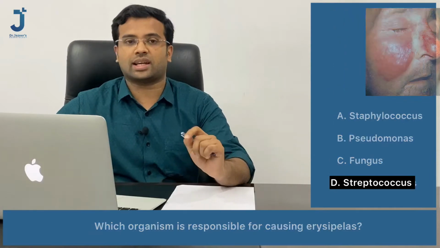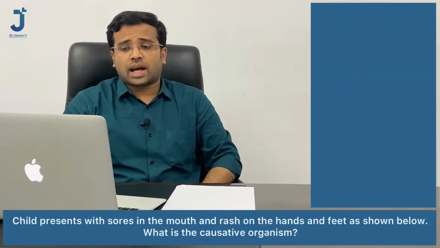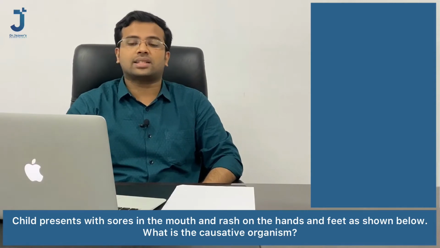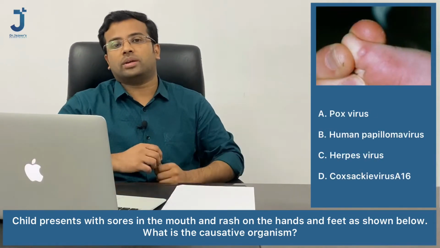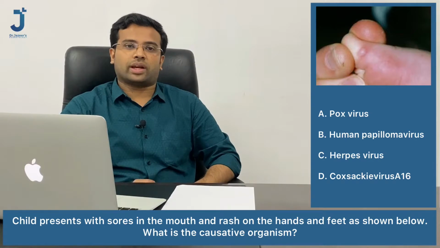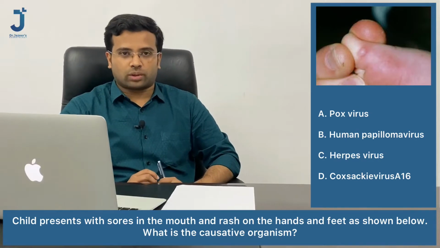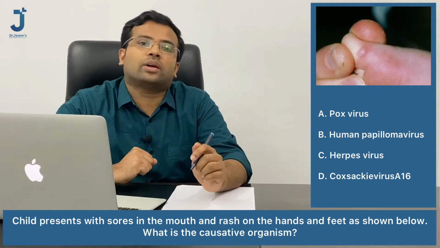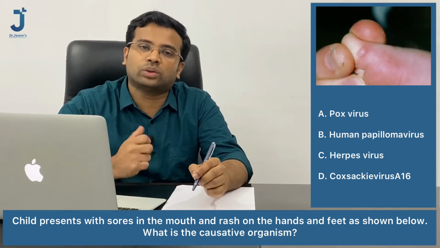So now let's see the next question. A child presents with sores in the mouth and rash on the hands and feet as shown in the image. What is the causative organism? If you are getting a sore or a vesicle over the hand, foot and mouth, the diagnosis is hand, foot, mouth disease.